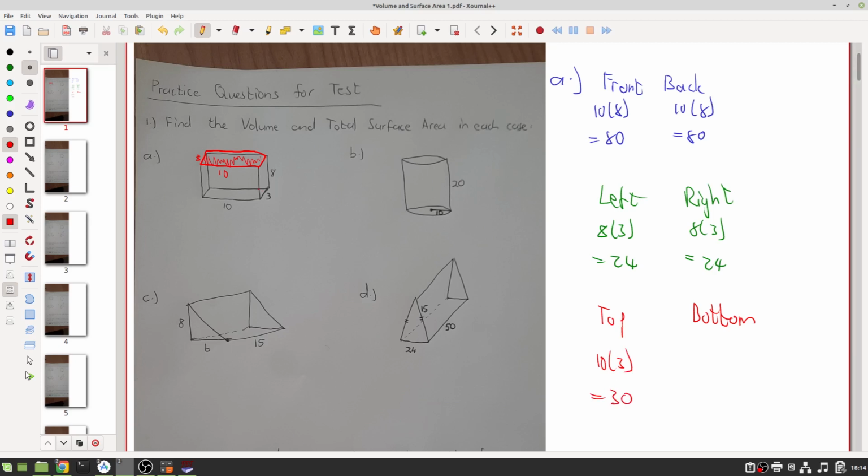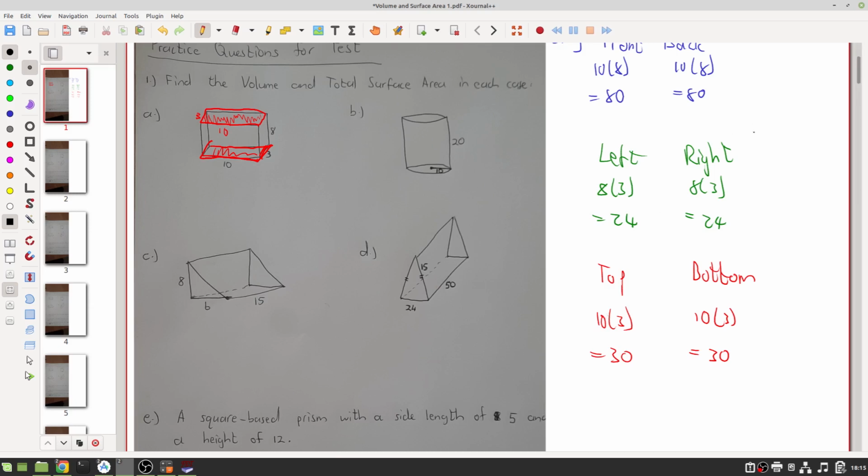And for the bottom, that's going to be exactly the same. This rectangle here, that's also 10 times 3. So you see, we just found the areas of each rectangle in our shape, of each of the outside parts. And now we just have to add them together.